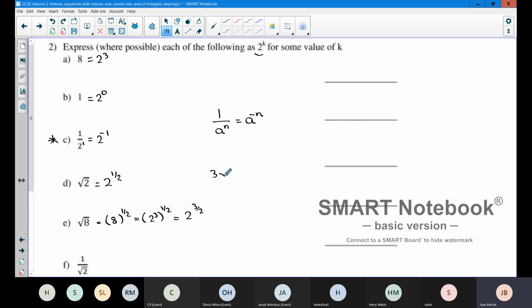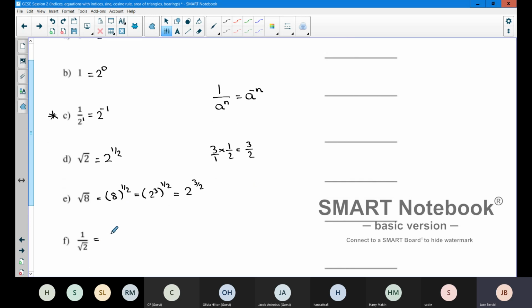So remember that if you do 3 times a half, it is the same as having 3 over 1 times 1 over 2. So you multiply the tops and multiply the bottoms. Don't forget your fractions. And then here again, you've got 1 over root 2. If you want me to put all the steps, then root 2 is the same as 2 to the half.